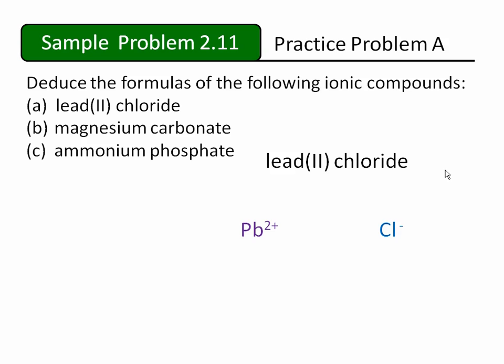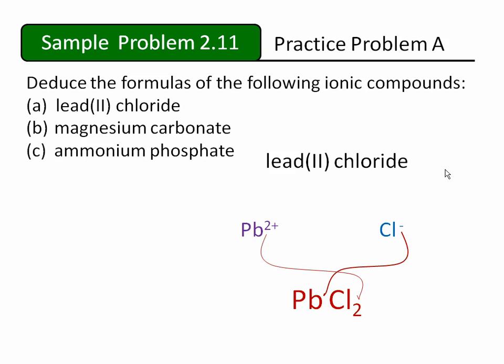I'm going to call this crossing over as I refer to it throughout this video. In this case, the subscript on the lead will be 1 and the subscript on the chloride will be 2. This is taking the numerical value of charge and making it the subscript for the opposite ion.